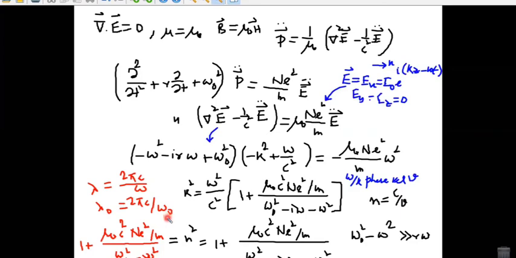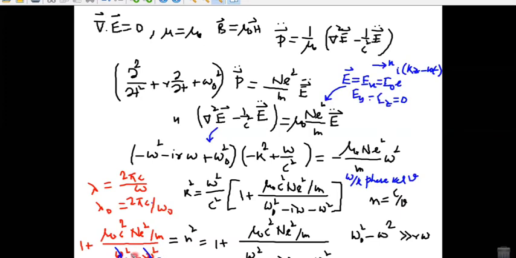So we get the Sellmeier equation, n square equals 1 plus mu naught c square N e square over m omega naught, in terms of lambda square over lambda square minus lambda naught square.